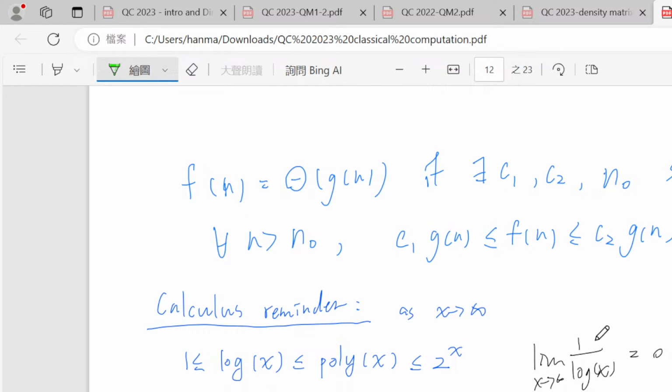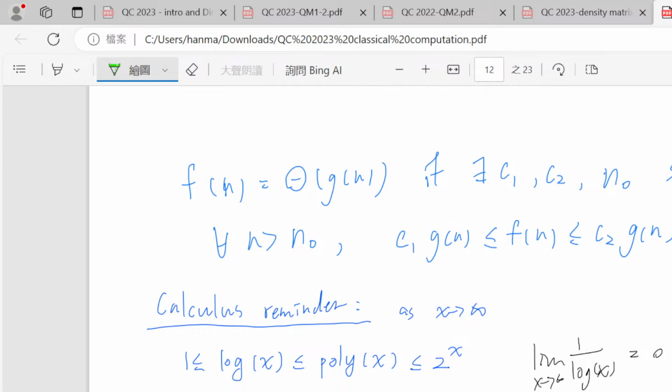If you remember in calculus, you have those kinds of equations. The limit as x goes to infinity of 1 over log x is equal to 0. The limit of log x divided by x to the c is equal to 0, so it means log x is smaller than x. And this holds for any constant c, even if c is 0.1.